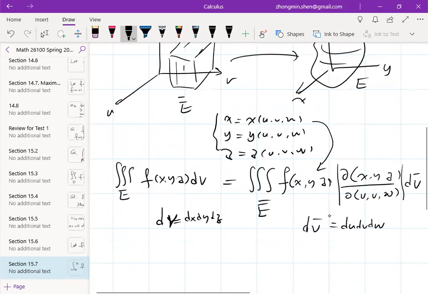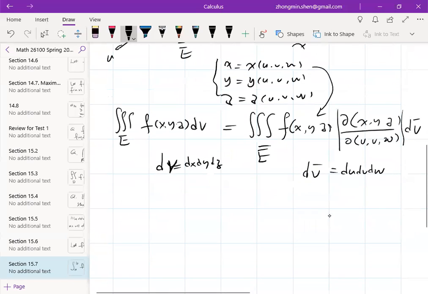If we compare to the other one, what is the partial derivative of x, y, z with respect to u, v, w? This is a matrix. It's not just a number, this is the determinant of the matrix.